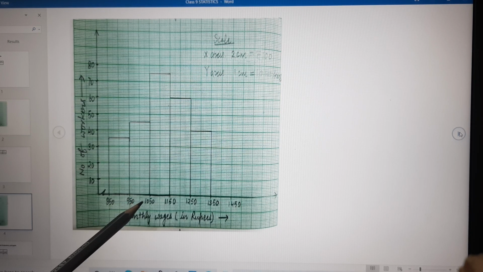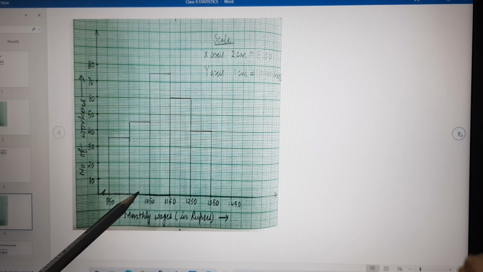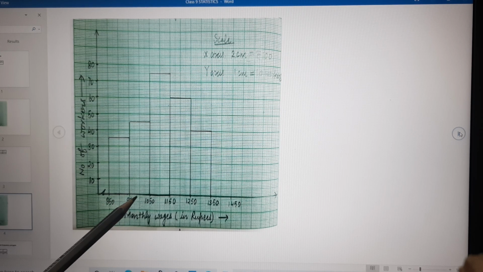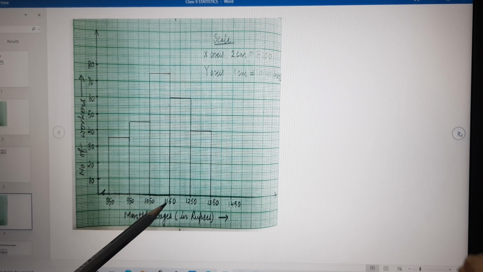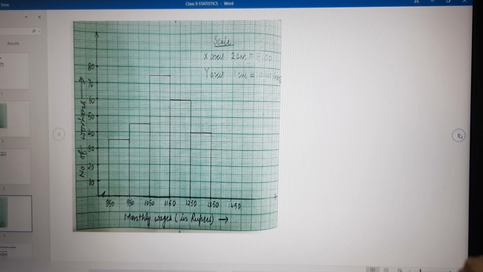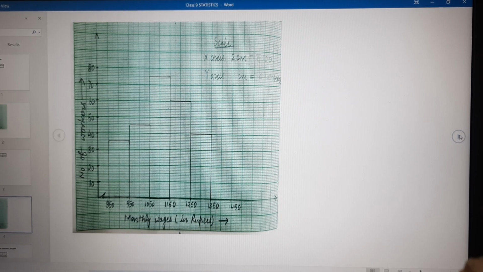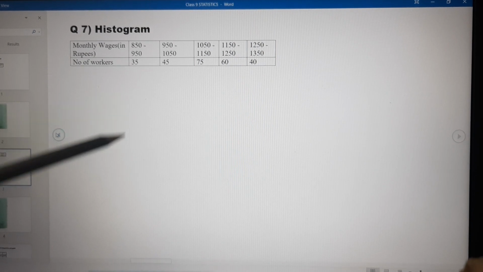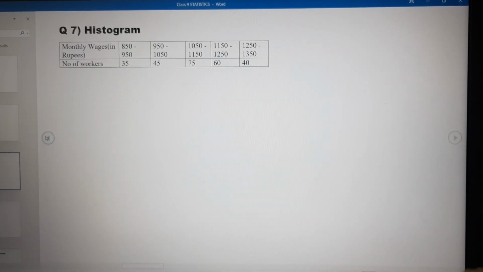Then I'll skip 2 big blocks because 2 centimeter. One block is 1 centimeter, the other block, another 1 centimeter. So 2 centimeter. 1050, then 1150, then 1250, likewise. Now, on the y-axis, the values were given as 35, 45, 75, 60 and 40.